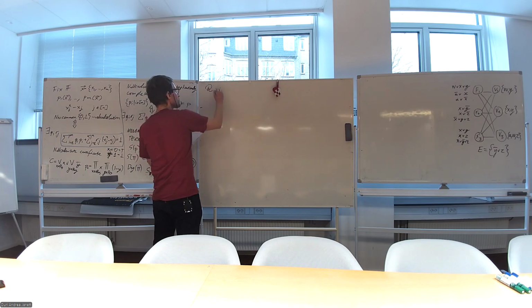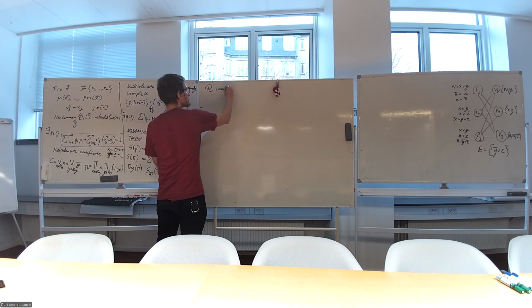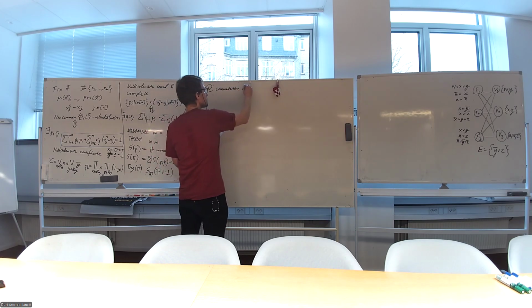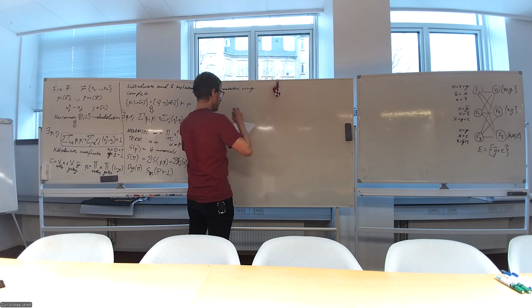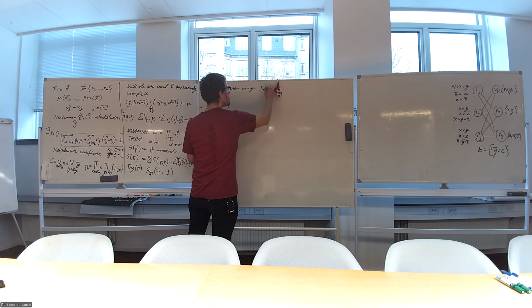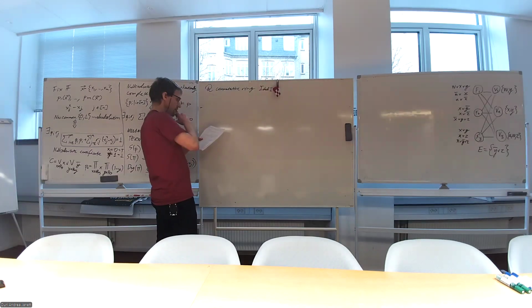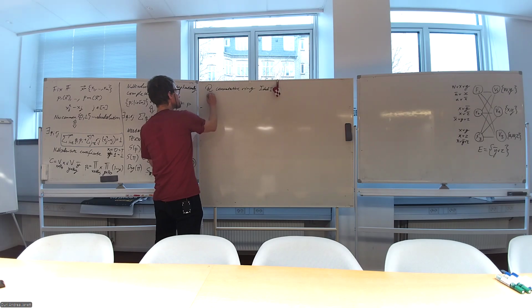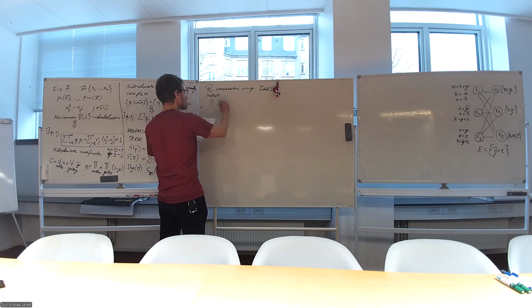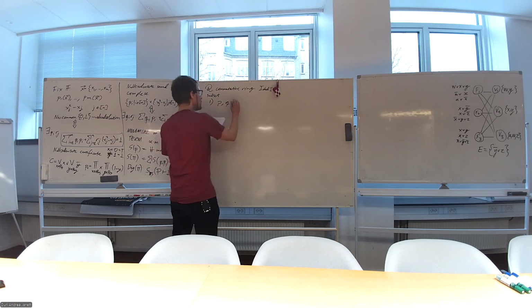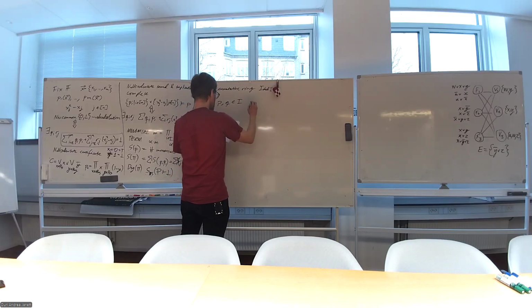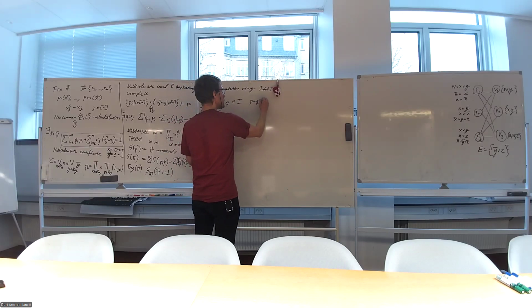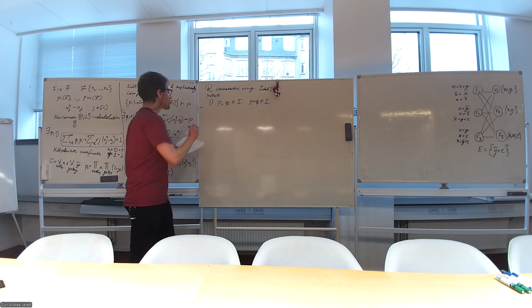Suppose that R is a commutative ring. Then an ideal in R is a subset such that the following two things hold. Firstly, it should be a subring. So if P and Q are in I, then P plus Q is in I. So an ideal is closed under addition.